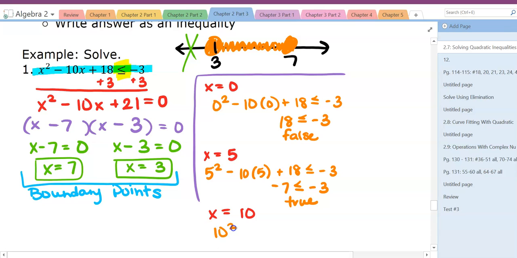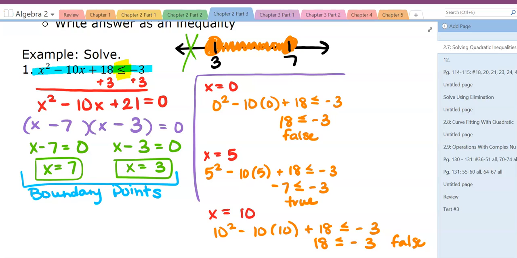So 10 squared minus 10 times 10 plus 18 less than or equal to -3. I get 100 minus 100, which is 0, plus 18. 18 less than or equal to -3. We had that earlier and we said that that was false, so it's still false. It hasn't changed since I did that first operation with it. So I also don't want that side of the graph.